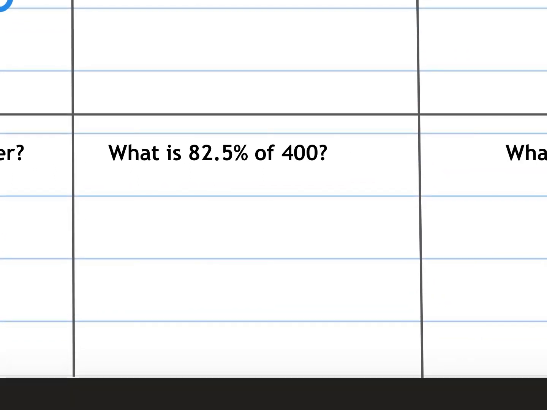What is 82.5% of 400? So I'm going to move my decimal 2 spots to the left. 0.825. "Of" means multiply by 400. And I end up with an answer, 330.